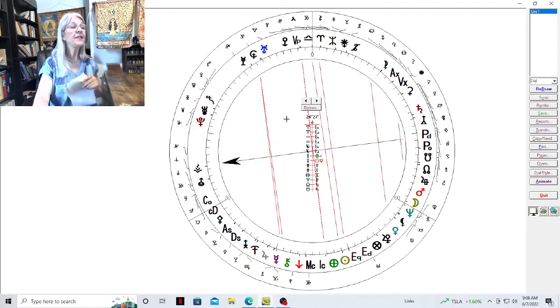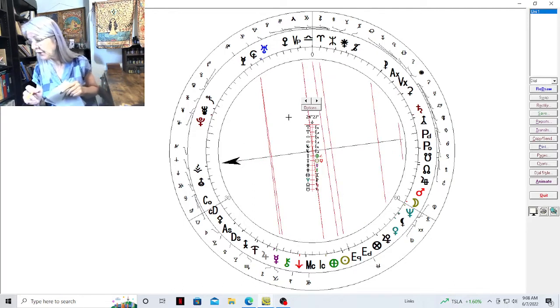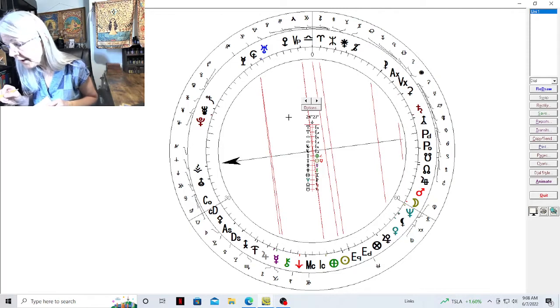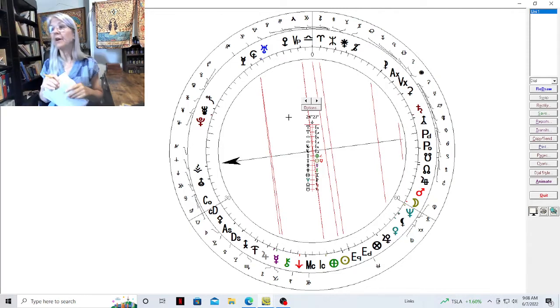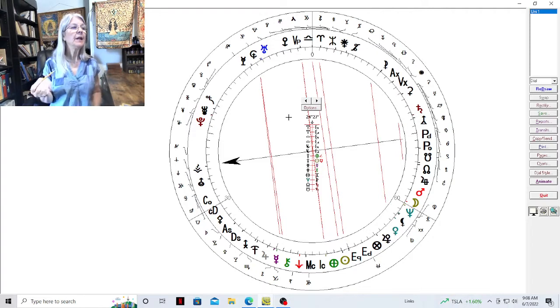And Vesta's there, but so is Bhaktavara for head. Okay, so there is a head asteroid right there. So you see how it's a repeatable theme, and it keeps showing up.